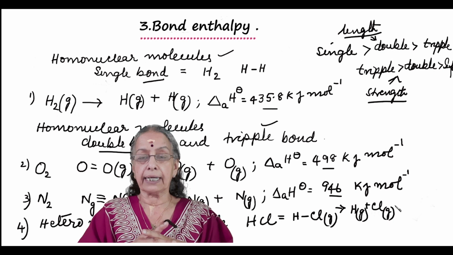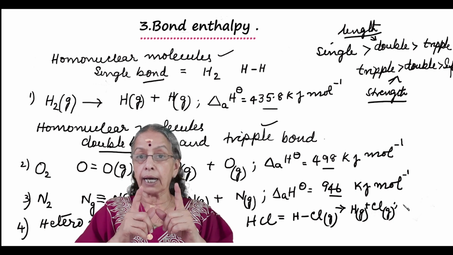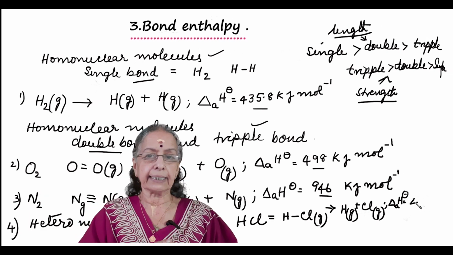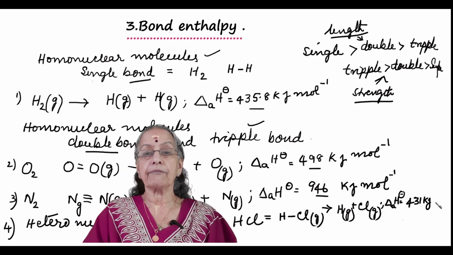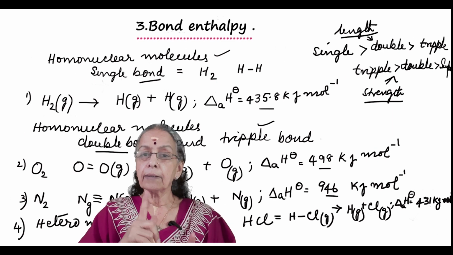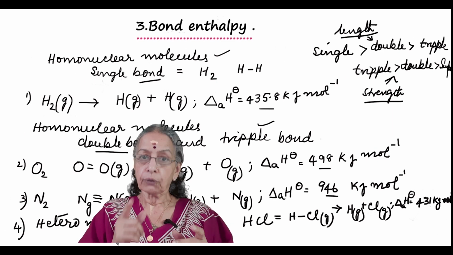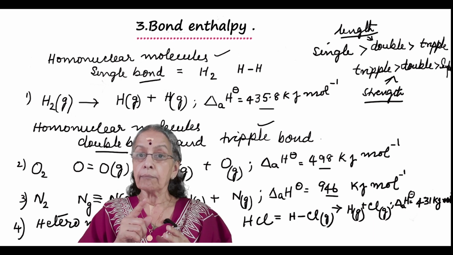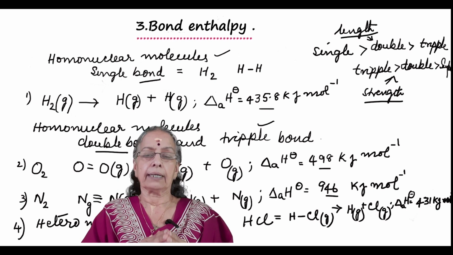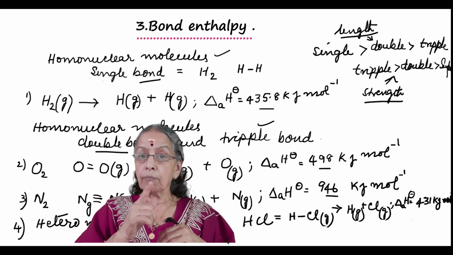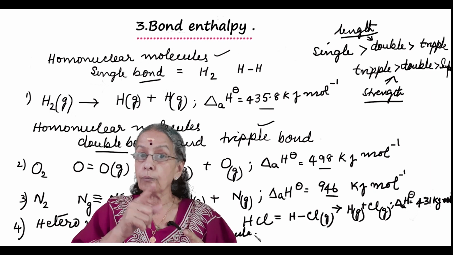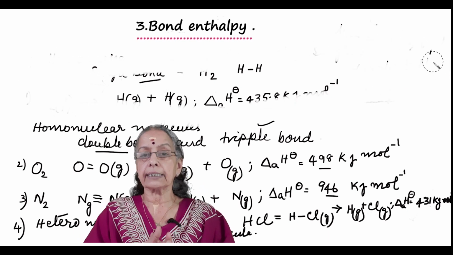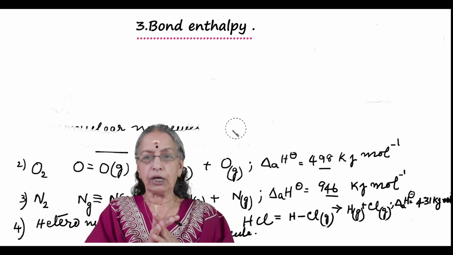And the amount of energy absorbed is the molar bond enthalpy for hydrogen chloride, and that is equal to 431 kilojoules per mole. So here you find for a heteronuclear molecule with single bond, the molar bond enthalpy is lower than the molar enthalpy for homonuclear molecule. So here we have considered only diatomic molecules.